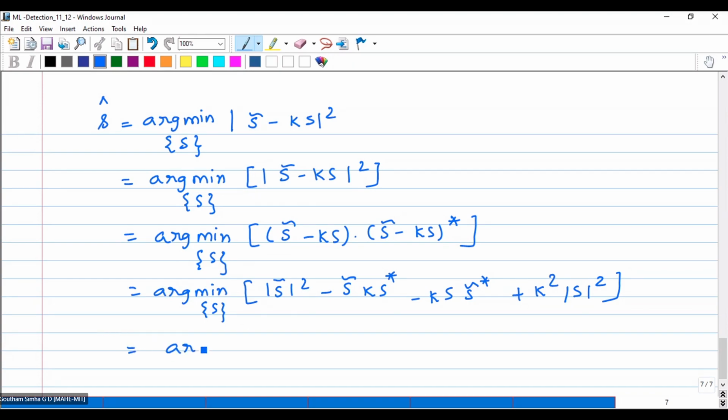So finally I will arrive at argmin of S. Separating and reducing this will give me K into S square plus S tilde minus S square minus S tilde square minus S square.